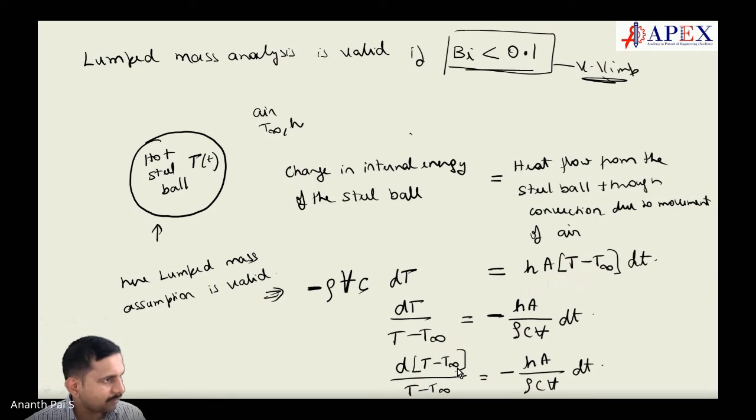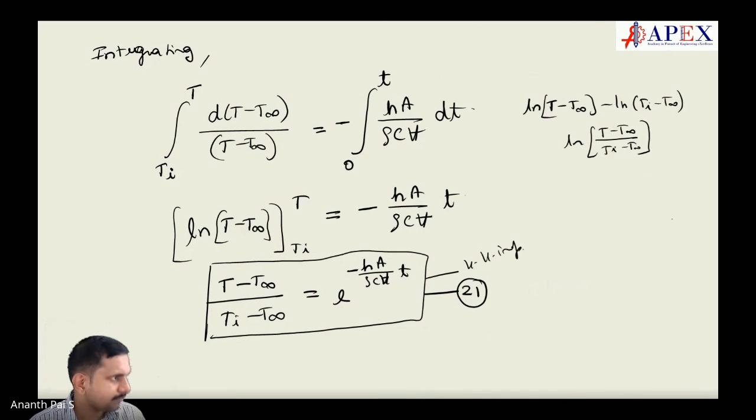You have to create another one from it. T minus T infinity is not a constant. Just take T and see what problem you have.